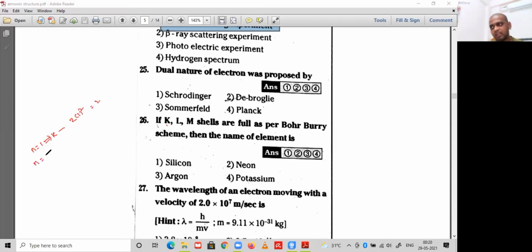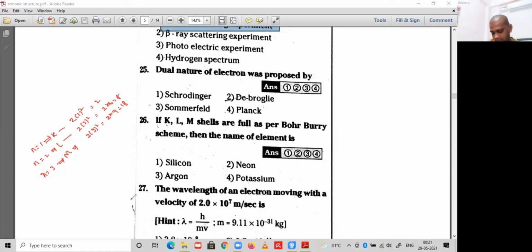Similarly, n equal to 2, the L shell, 2 into 2 square, 2 into 4, is 8. For n equal to 3, the M shell, 2 into 3 square, 2 into 9, is a total of 18. So the question is, if the K, L, M shells are full as per the Bohr-Bury scheme, what is the name of the atom?